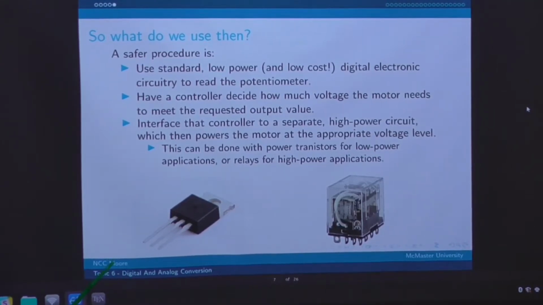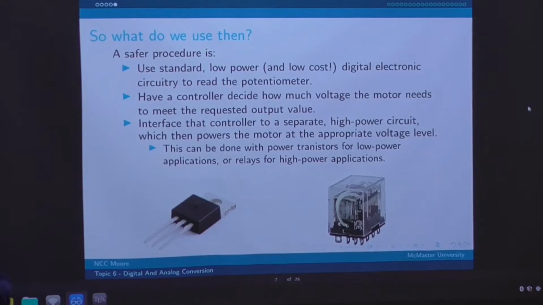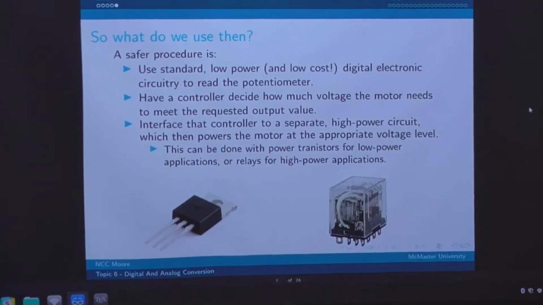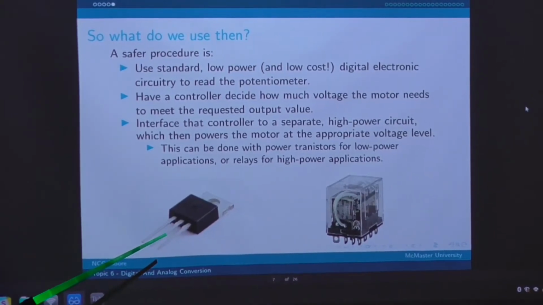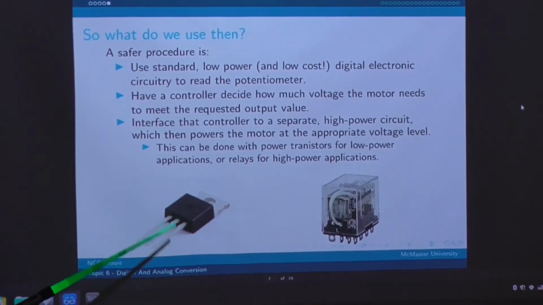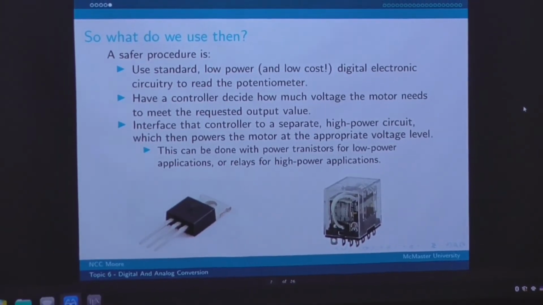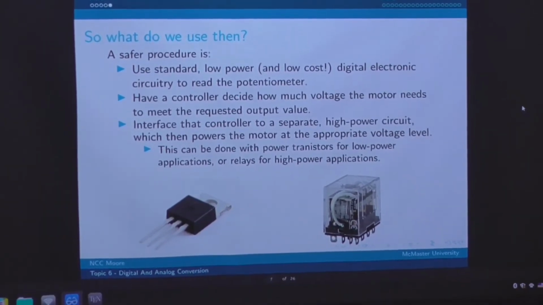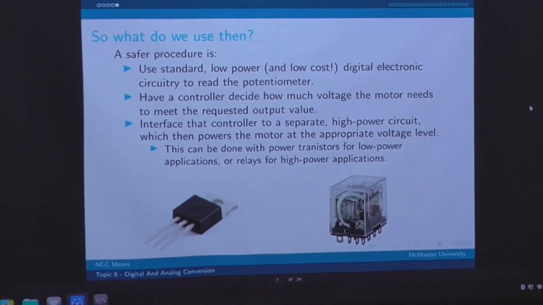So in the low-power, tiny DC motor applications, the type of thing that you would use is a power transistor. Very similar to a regular transistor. The only difference is it's bulky and it can handle the kind of current that's necessary to run that motor, right?